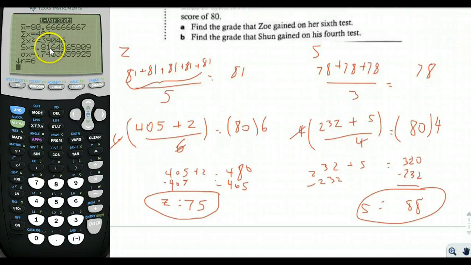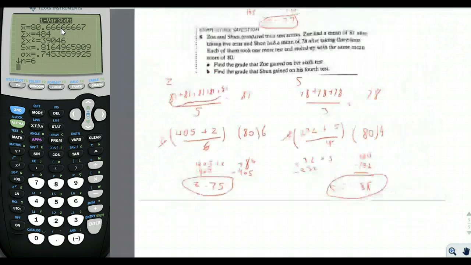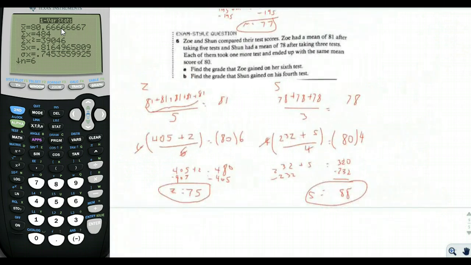So I would just keep lowering my guess until finally I got an x bar of 80, and then I figured it out. So whenever you have a mean, median, mode problem where normally they're expecting you to use algebra, you could use repeated guessing to get the unknown in most cases.